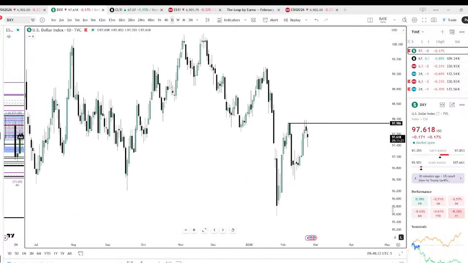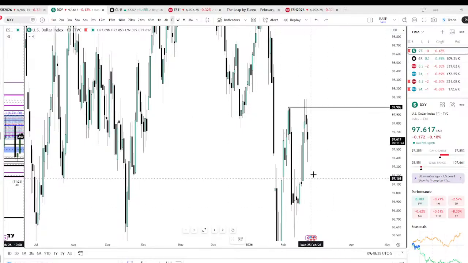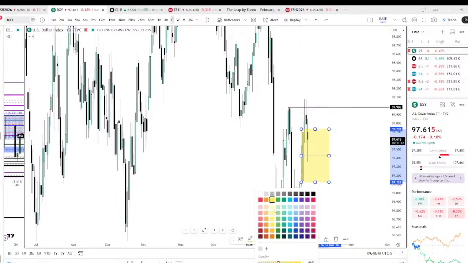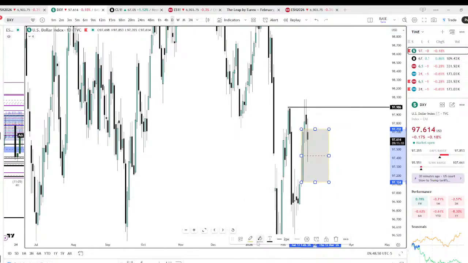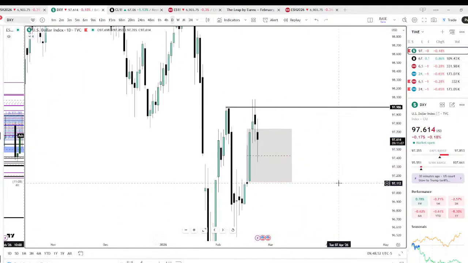Okay, so on the daily we want to be looking at this imbalance. We're including that volume imbalance, but it really should be this entire range, because that is a suspension block. Volume imbalance above and below.